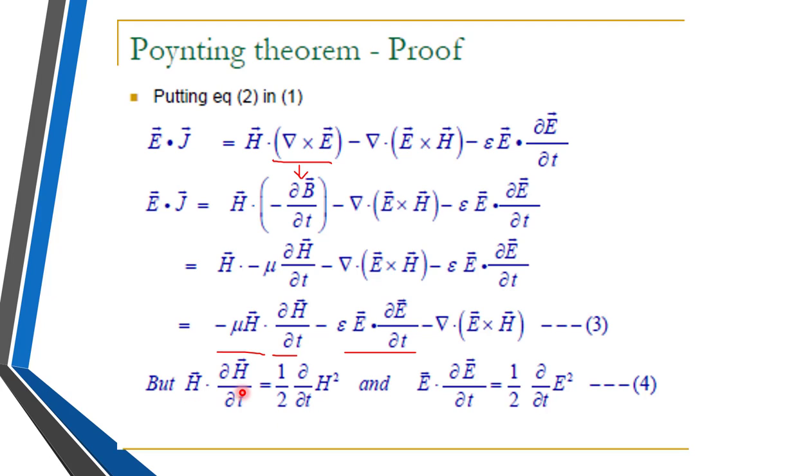So H bar dot dou H bar by dou t is approximated to 1/2 dou H square by dou t. Similarly, for the second term, we can write in the same way: E bar dot dou E by dou t is equal to 1/2 dou E square by dou t.